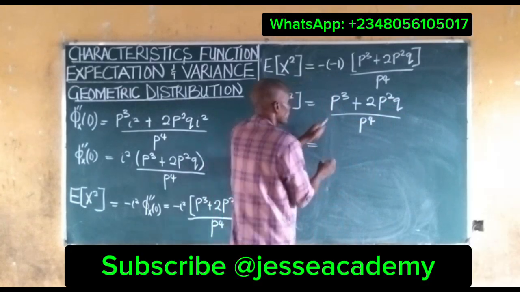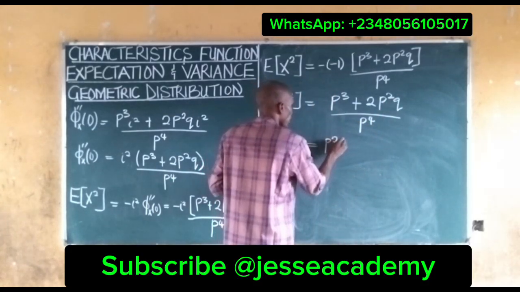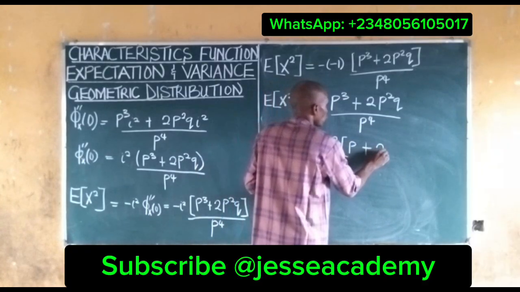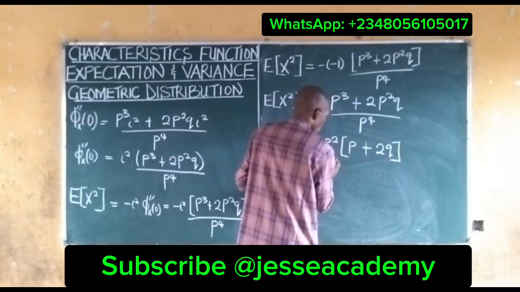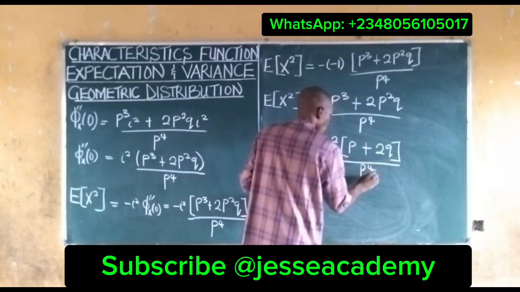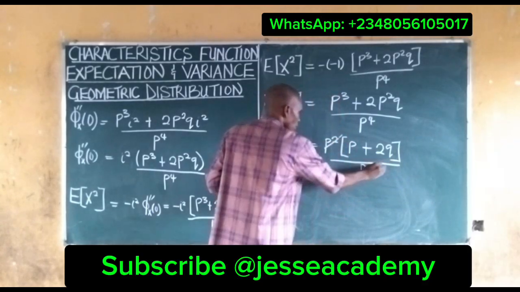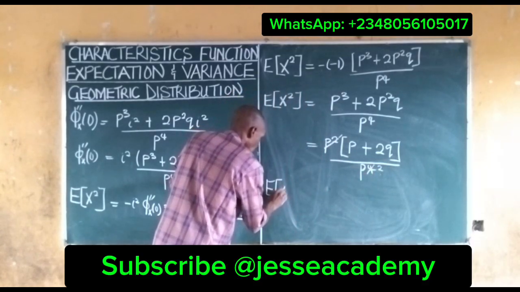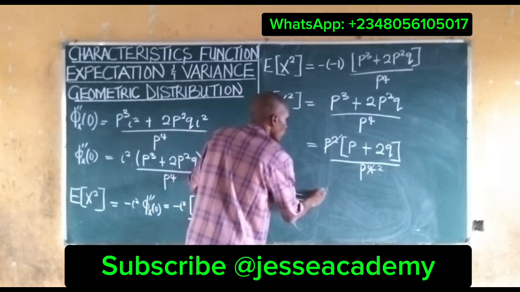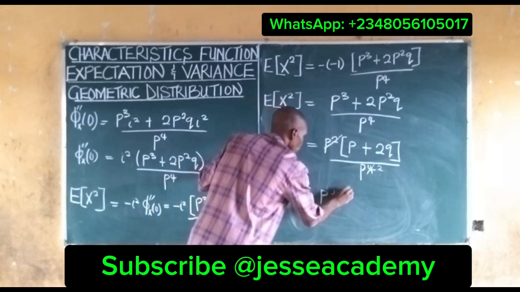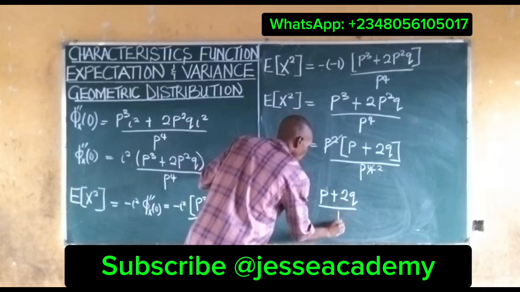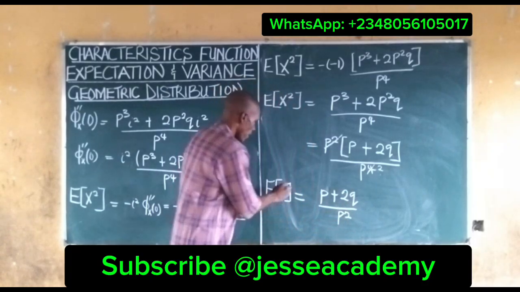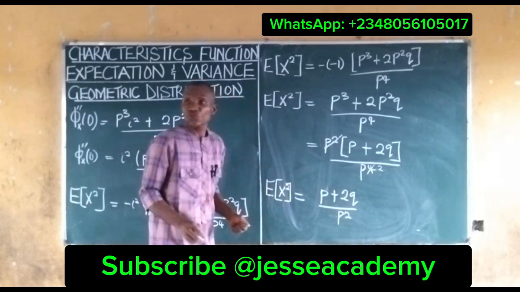We can now bring P squared out to be left with P plus 2Q all over P4. Of course, this can cancel this to remain 2 here, which means that our expected value of x squared is equal to P plus 2Q all over P squared. So this is what we get for our expected value of x squared.